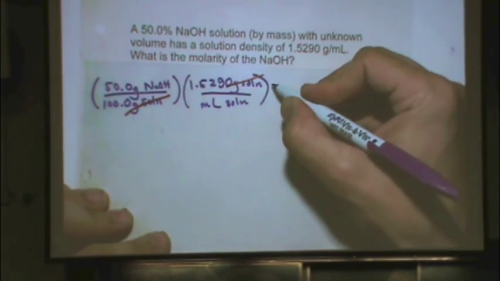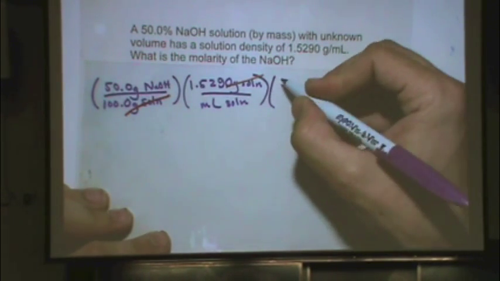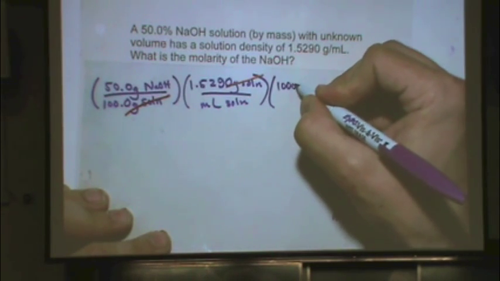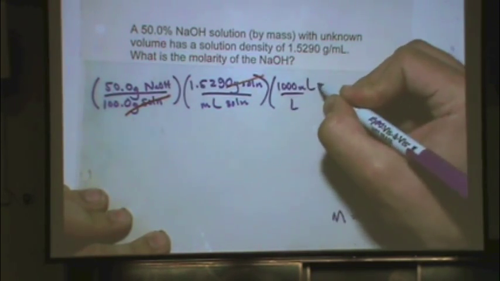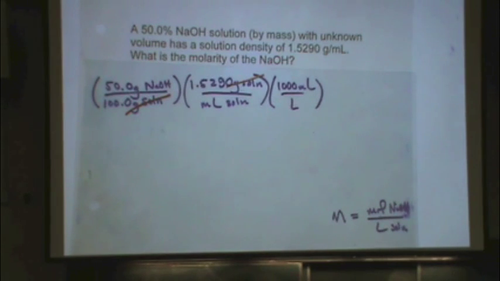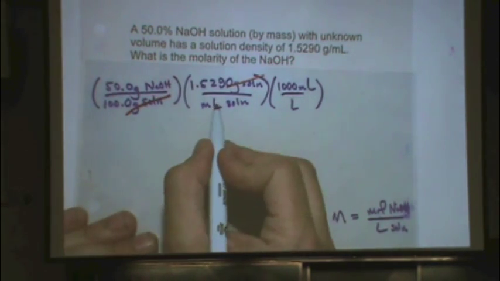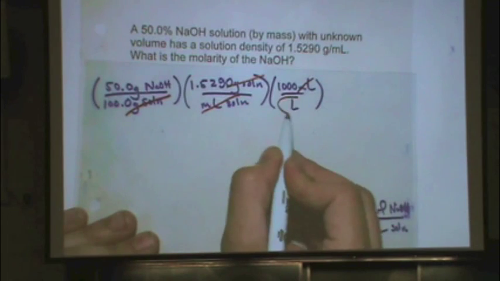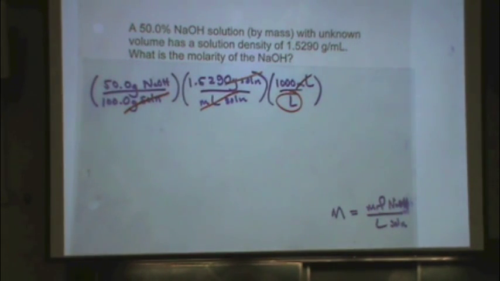Then I can do one more simple step to say, well, there's 1,000 milliliters per liter. And now, getting rid of the milliliters, I now have my desired unit in the denominator, liters of solution. So I've got half of it done. I've got the denominator done.